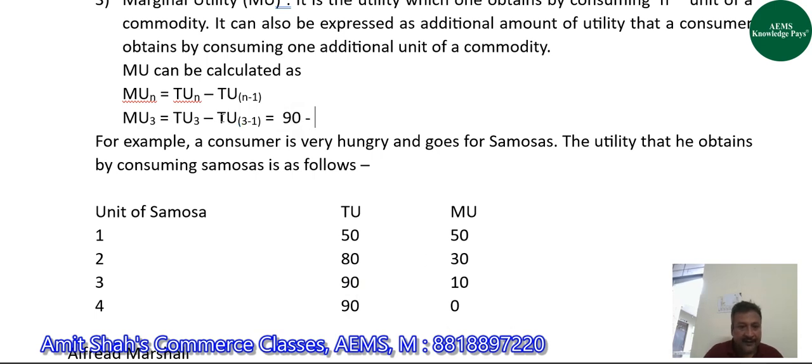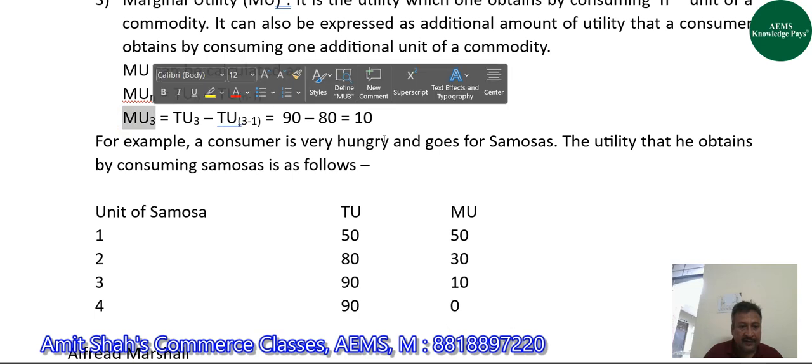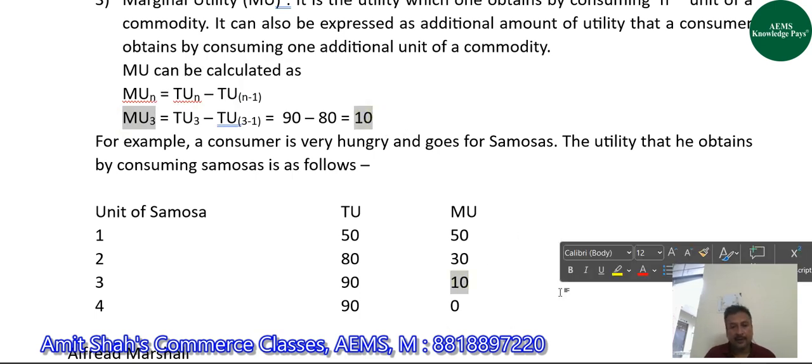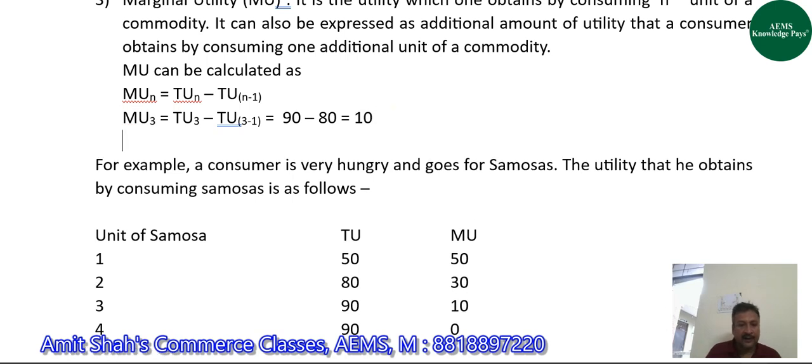TU of 2 samosas is 80. So MU of the third samosa is 10 utils. I hope you have got me, guys, or not. I'm asking, have you all got this?